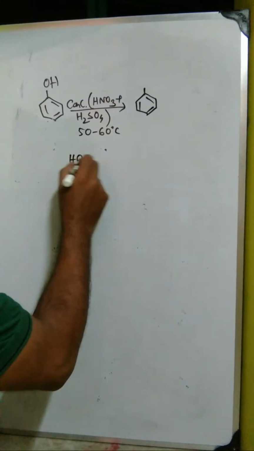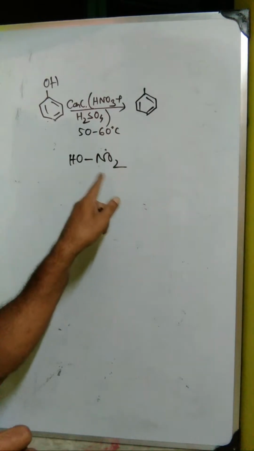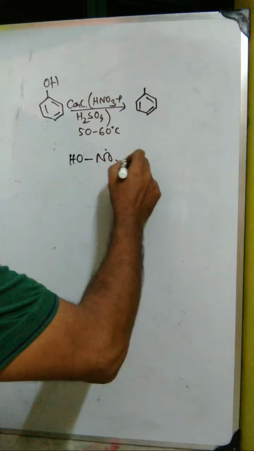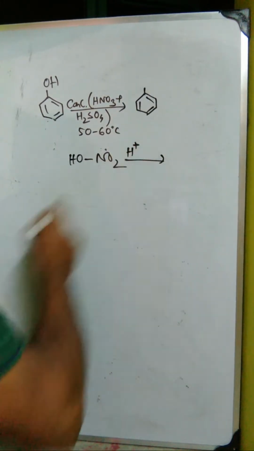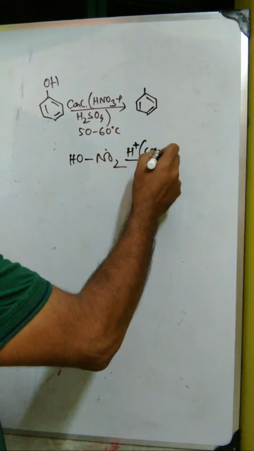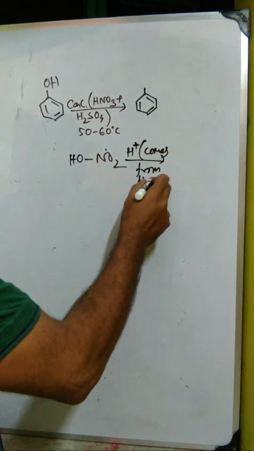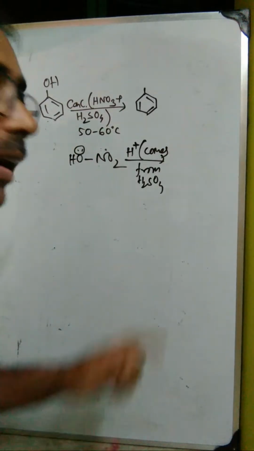We can write HO-NO2, that is nitric acid, in this manner, and here sulfuric acid is also added. Sulfuric acid, being an acid, will release H plus ion. This H plus ion comes from sulfuric acid, H2SO4, and this oxygen has a lone pair of electrons.